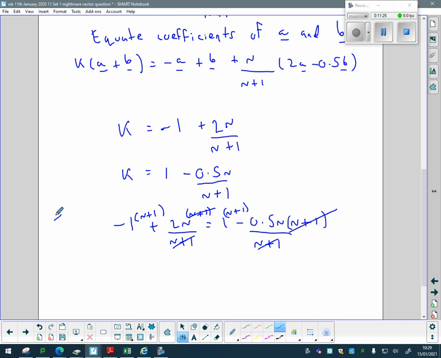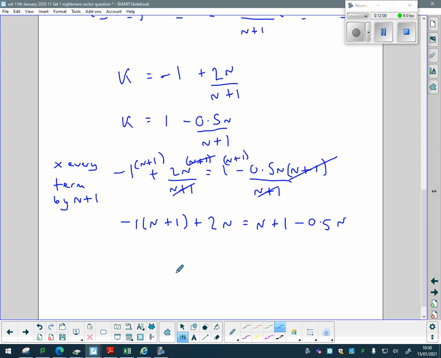So that's multiplying every term by n plus 1. So just being careful again, so that's minus 1 times by n plus 1 plus 2n is equal to n plus 1 take 0.5n. So we've turned this into a more straightforward linear equation.